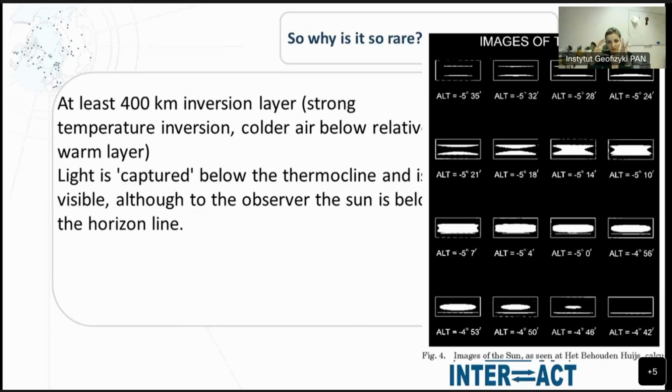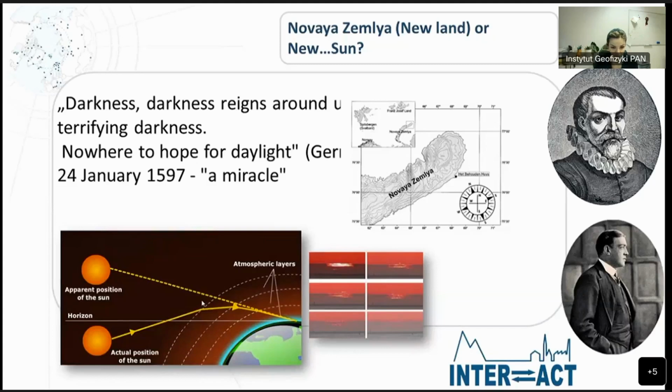When this channel of 400 kilometers is created, the light is captured below this thermocline, and it is visible, although for the observer the sun is below the line. So this is the actual position of the sun, this is the observer who shouldn't be able to see it, but the apparent position of the sun is here because of this atmospheric layer, and again, light bending.